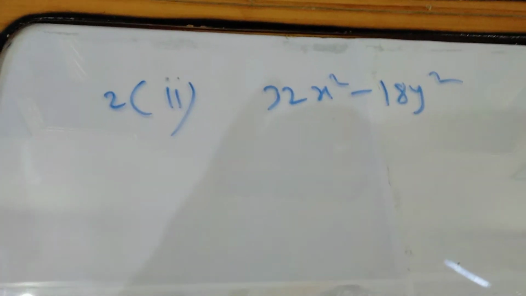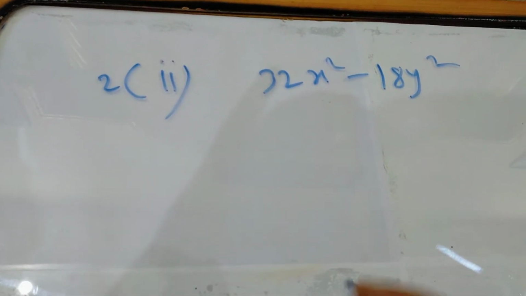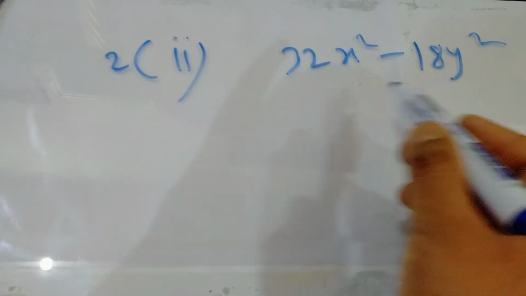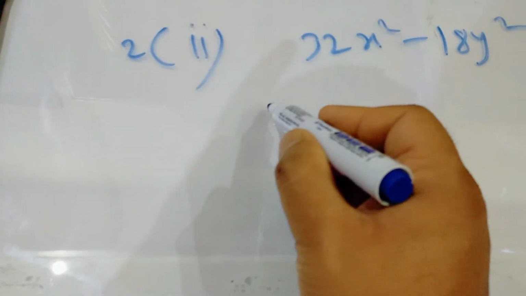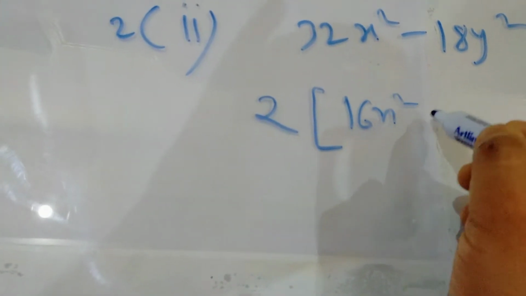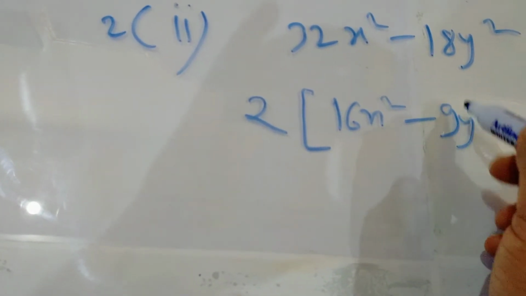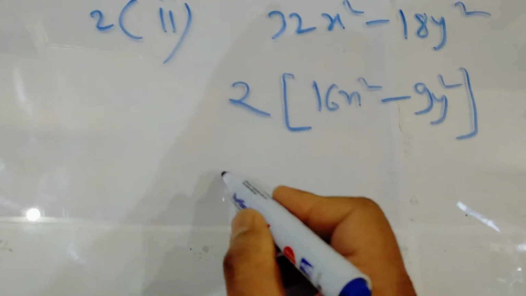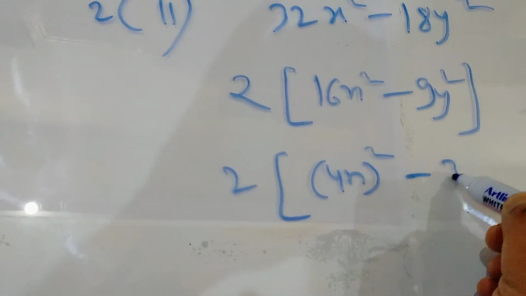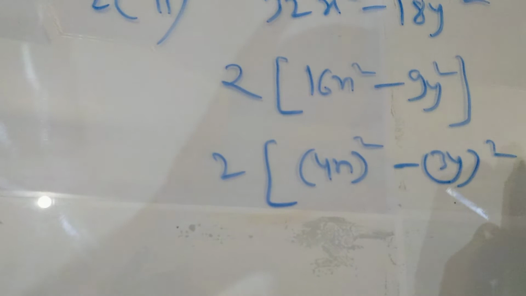Look at the second part of this question. In this question also, 32x square minus 18y square, we should take common. The common factor is 2 overall. So it is 16x square minus 9y square. Now the way has come. We can write it as 4x whole square minus 3y whole square.